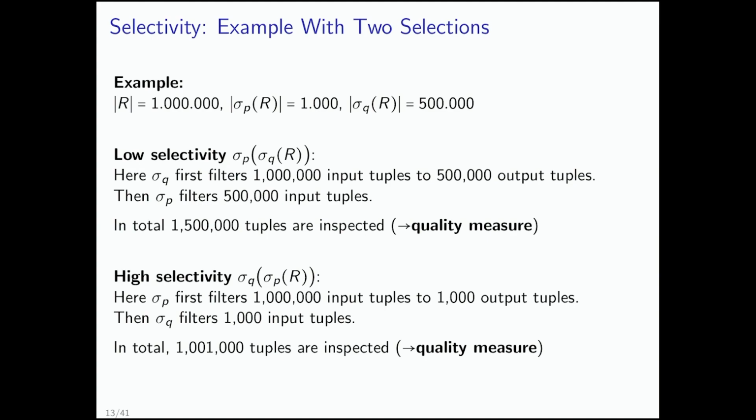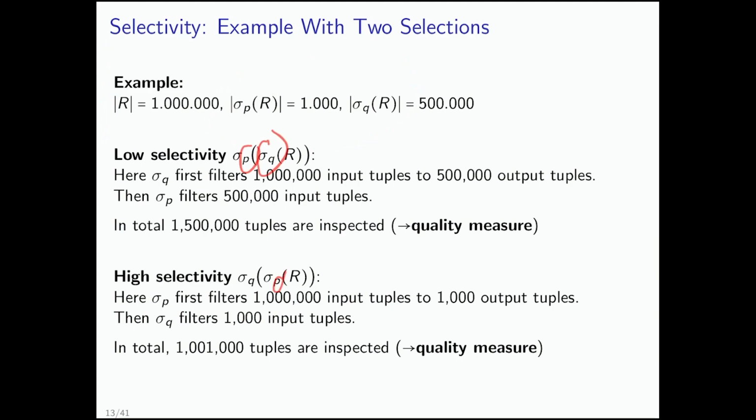Now we have these two selections. It's also a problem that's present in compiler construction. So again, we have the same example here. If you want to execute both of these selections, you have the option: I first execute this selection on predicate Q and then on P.